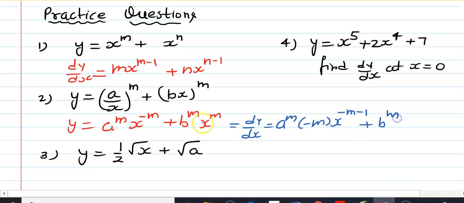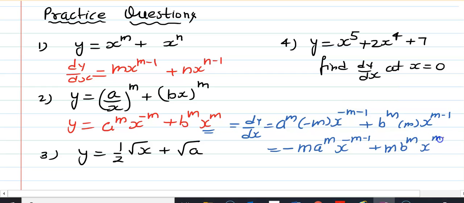Similarly, here, when you are differentiating x to the power m, m is coming forward, m x to the power m minus 1. So your final answer will be minus m a to the power m x to the power minus m minus 1 plus m b to the power m and x to the power m minus 1.